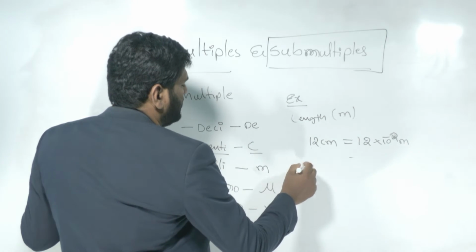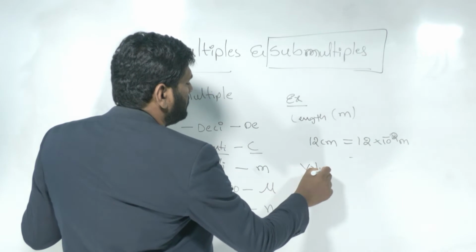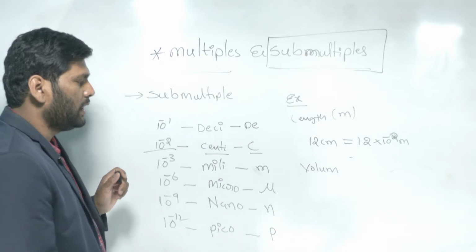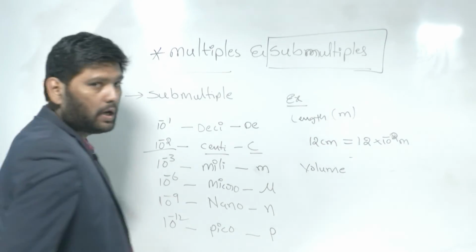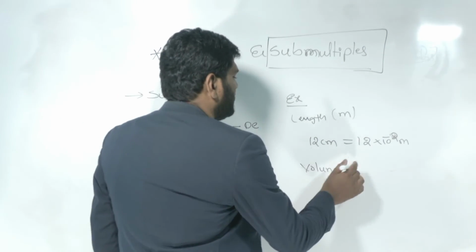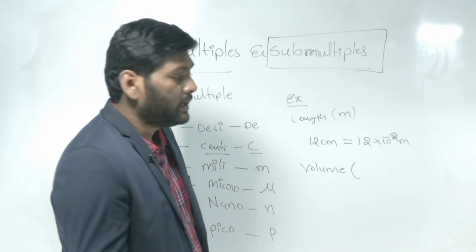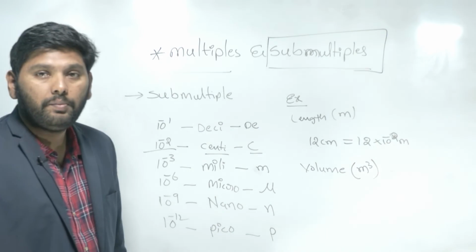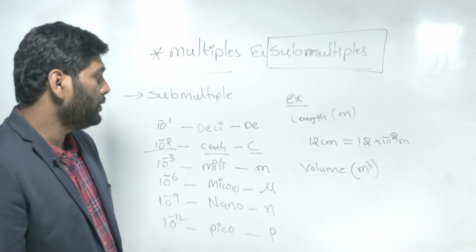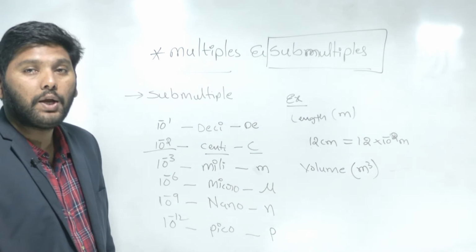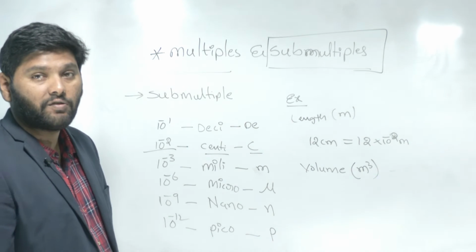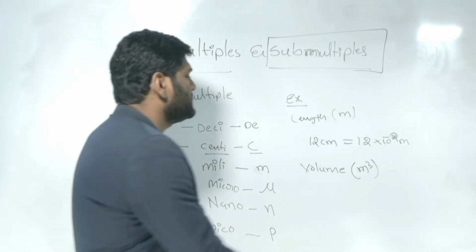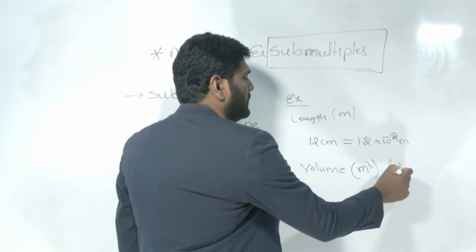Let us take a volume. The unit for volume in the SI system is meter cube. But how do you express volume here? Even we can express it in liters also.